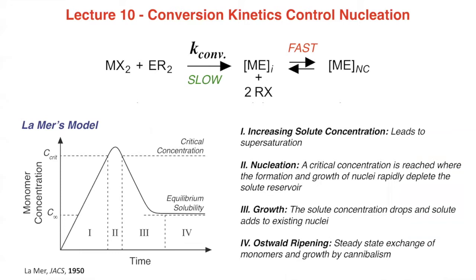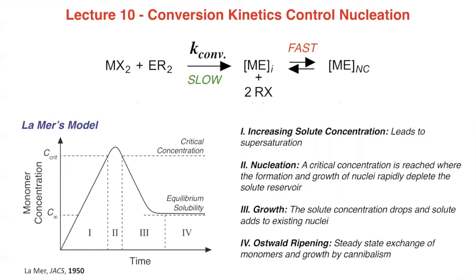And that process is slow, often compared to crystal forming steps. And what that means is that the solute concentration climbs steadily until you hit the critical concentration, the second phase of Lemaire's picture, where nucleation turns on.